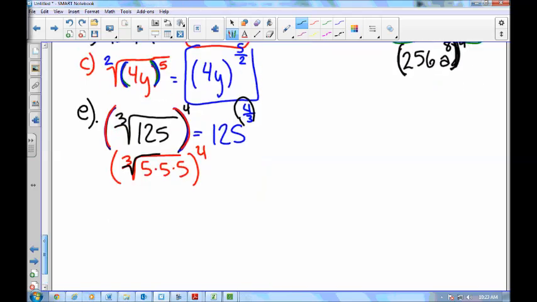Because if the index is 3, we have a group with 3, so that pulls out to what number? 5. 5, which is raised to the 4th power, which is, I think I did this on the calculator earlier. Is that 725? 600 something? Does anyone have a calculator? 5 to the 4th power? 625?